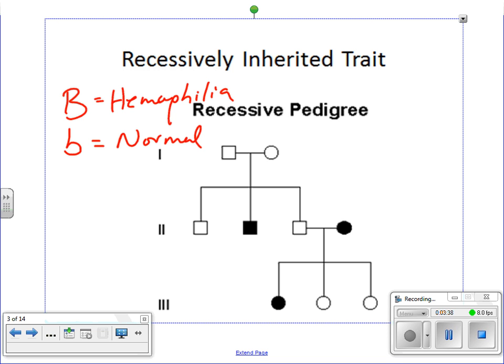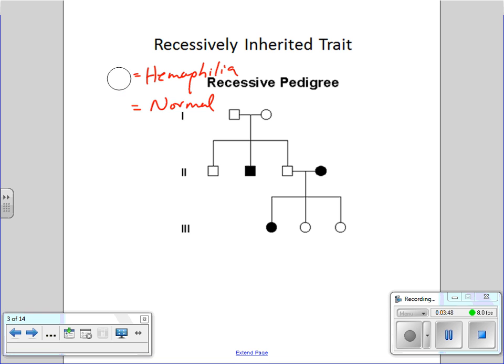In a parental genotype here, these two parents might be... hold on a second, I mixed those up. Sorry about that. So hemophilia is going to be the little b. Normal is going to be the big B. In the parental genotype here, both of these parents are going to be normal parents.